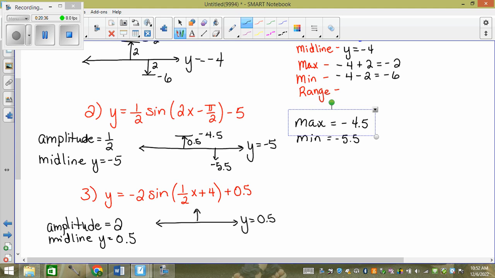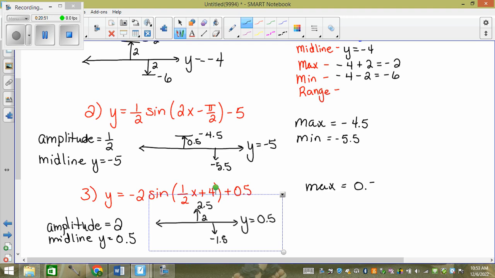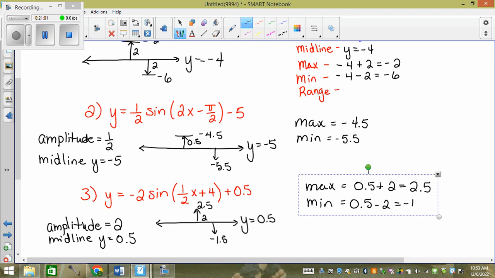Then I add 2 to it, and I subtract 2 from 0.5 and I get -1.5. So my maximum equals my d, which is 0.5, plus my amplitude, so 2.5. And my minimum is my d minus my amplitude. The only other things I asked for were the period and the range.